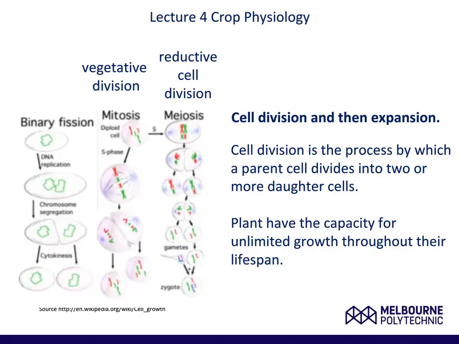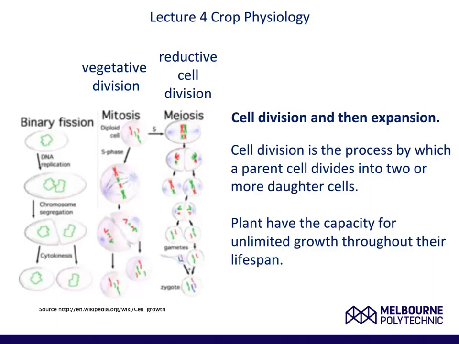The period of growth is generally divided into three phases, mainly meristematic, elongation and maturation, as we have discussed previously. We have vegetative cell division, which is described by mitosis, and reproductive cell division, which is described as meiosis. If you are struggling to remember what mitosis and meiosis is and what it looks like, please refer to Living Systems 1 for your notes.